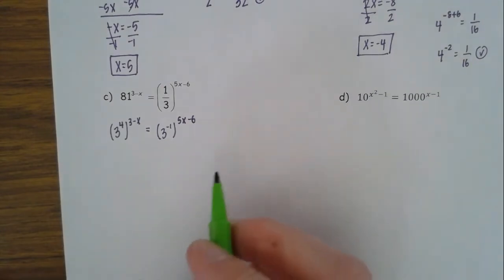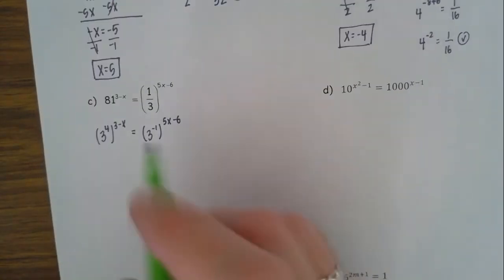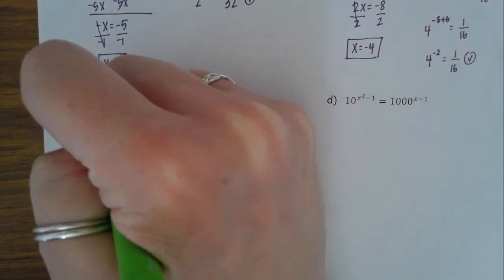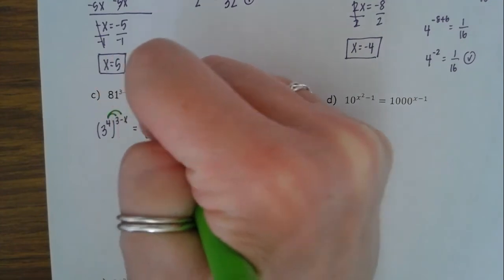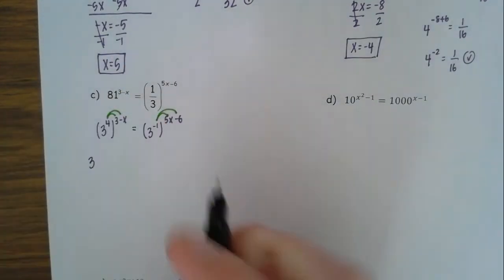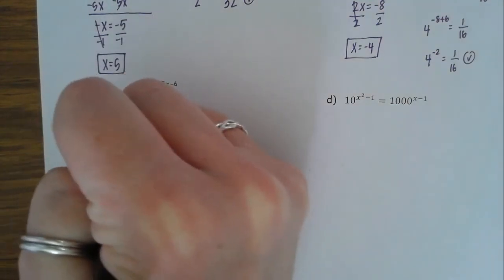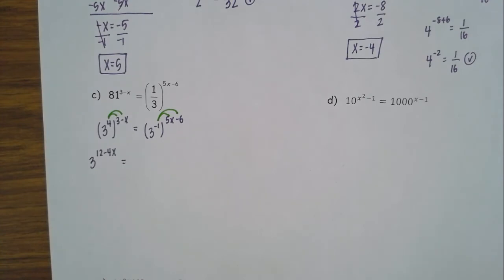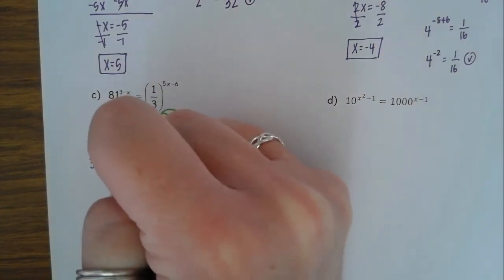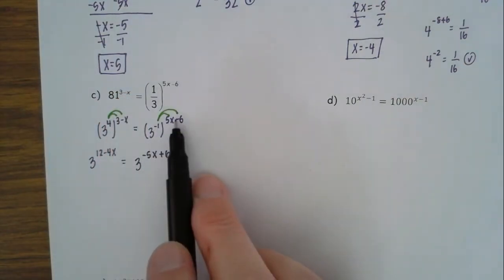And then what's going to end up having to happen here is something pretty similar to what we did in example A. I am going to actually have to distribute out both on the left-hand side and the right-hand side. So on the left-hand side, this is going to be 12 minus 4x when I distribute out the 4 to both terms. On the right-hand side, this is going to be 3 to the negative 5x plus 6 when I distribute out the negative 1 to both terms.